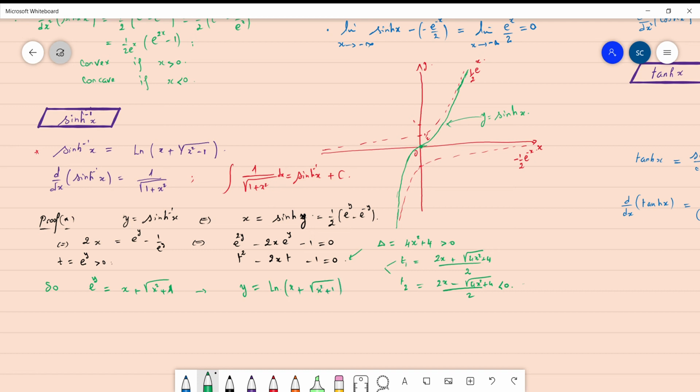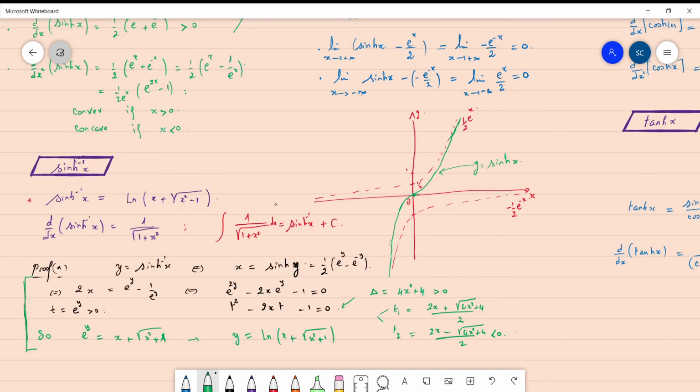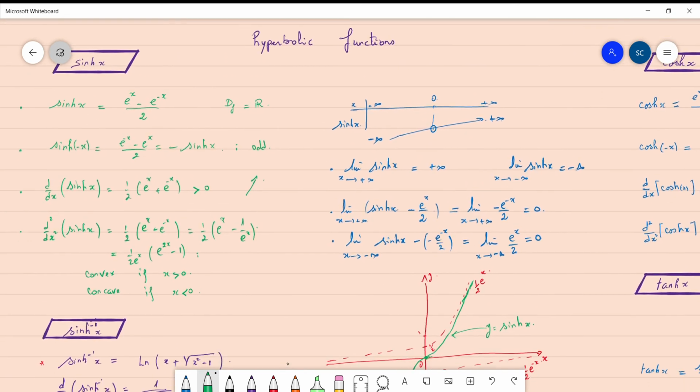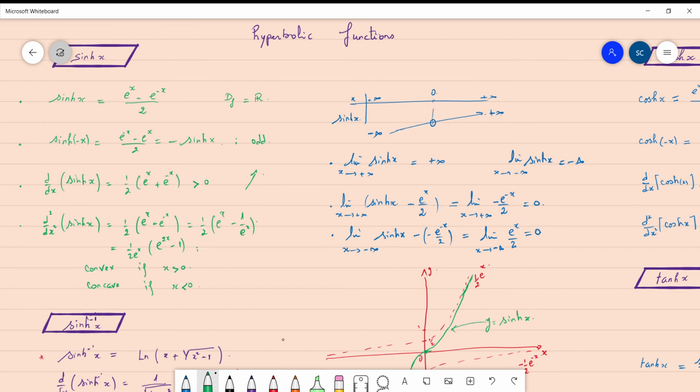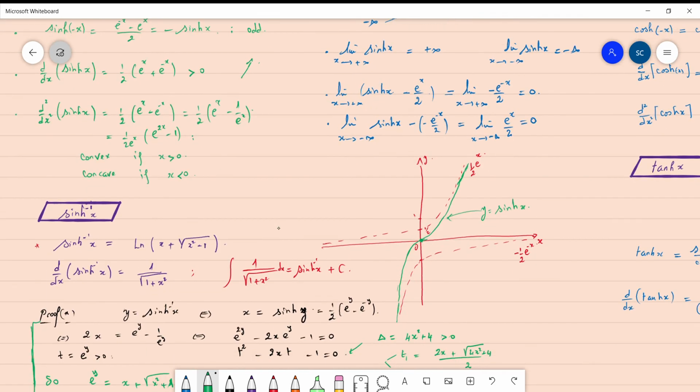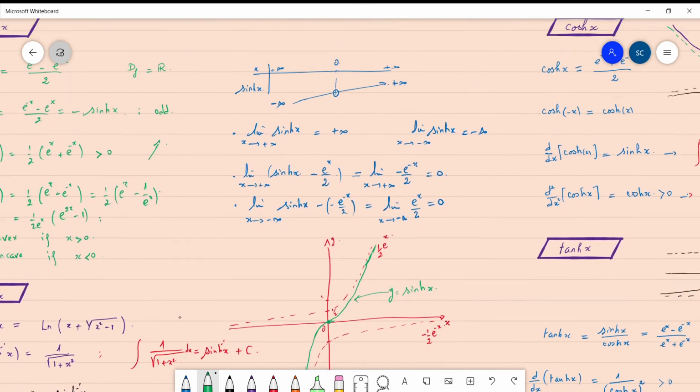I wanted to give you this kind of reasoning that we can meet elsewhere. It's good to see it the first time. So here is how we introduce the sine hyperbolic function using the exponential function, and its inverse, sine hyperbolic minus 1.